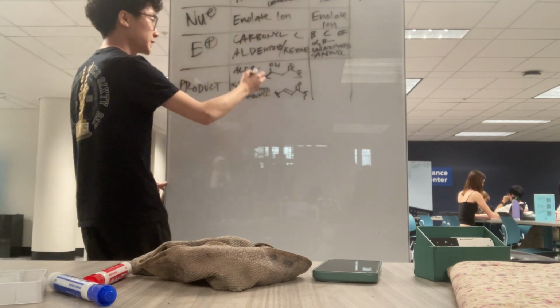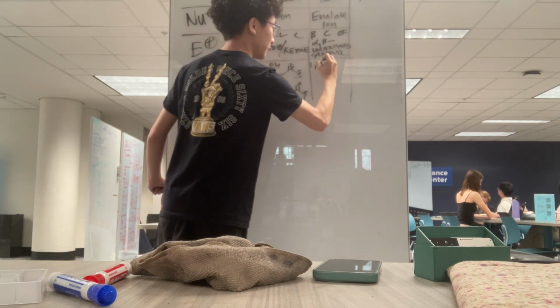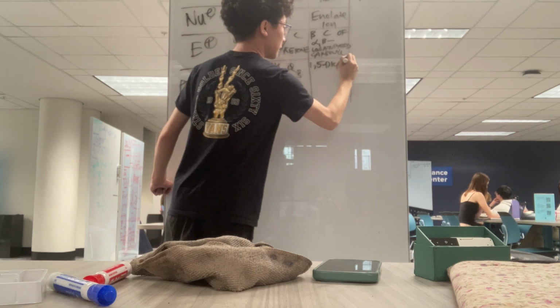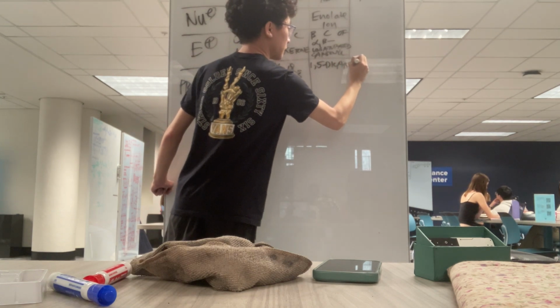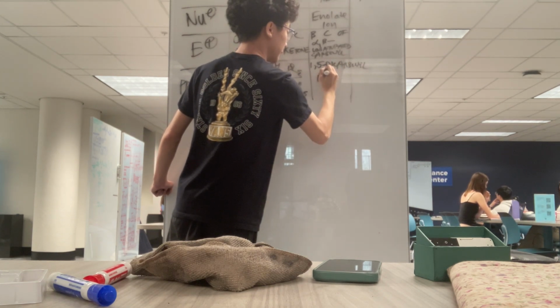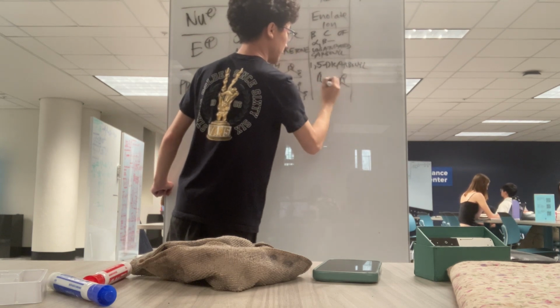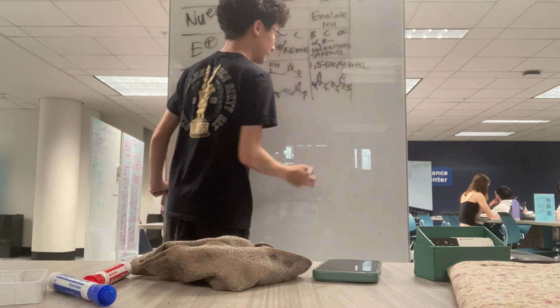The product for Michael addition is a 1,5-dicarbonyl, which means that you have two carbonyls 1,5 to each other. 1, 2, 3, 4, 5. Right? Where this is 1, 2, 3, 4, 5. 1,5-dicarbonyl.